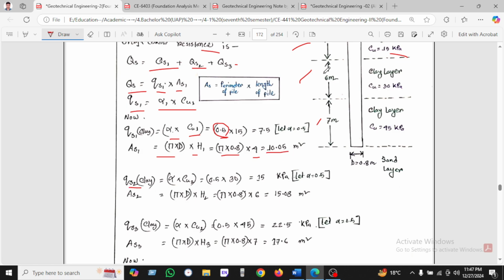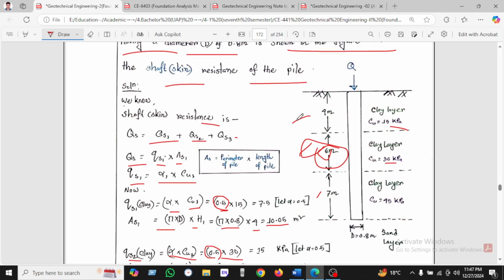And for the second layer, alpha is an adhesion factor, a constant value 0.50, and CU equal to 30 is given here. And also AS2 is perimeter into height. Perimeter pi d into height of the layer of the soil, which is 6.